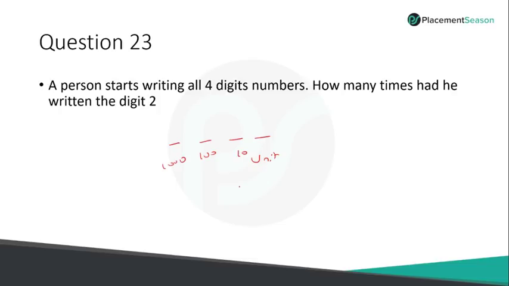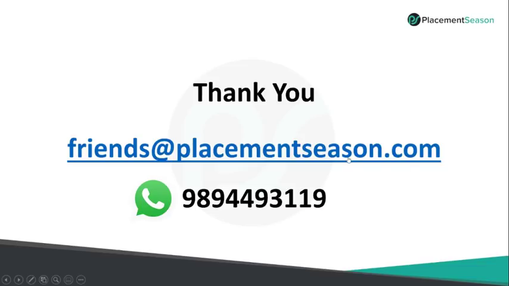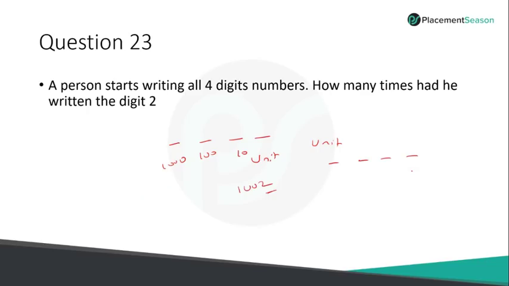So see, the problem is given like a person starts writing all 4-digit numbers, starting from 1000 to 9999. So up to this, how many times had he written the digit 2? For example 1002, so it is in the unit place. So first start with the unit digit.